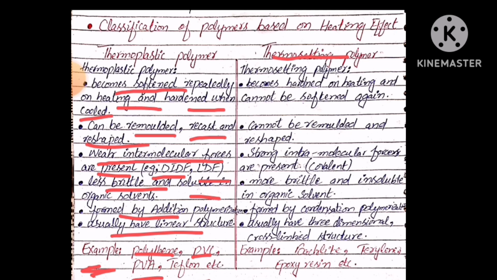Thermosetting polymers become hardened on heating. It is totally opposite to the earlier one. They become hardened on heating and cannot be softened again. If it is hardened on heating, then it cannot be remolded or reshaped.